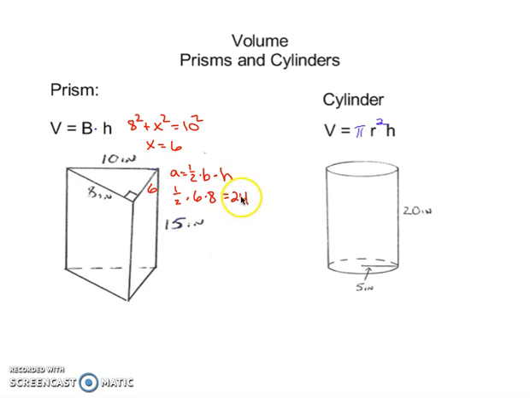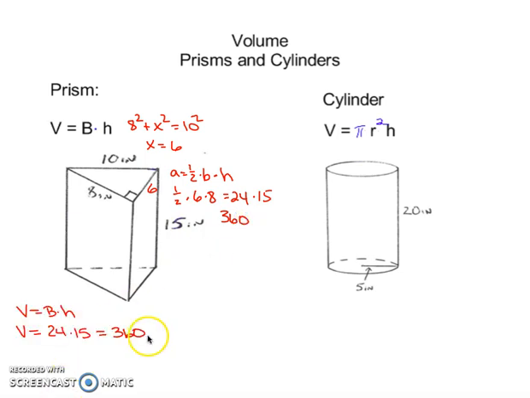Times our height, which is the height of the entire object, measured from base to base, so that would be 15. And when we multiply those together, we would get that it is 360.